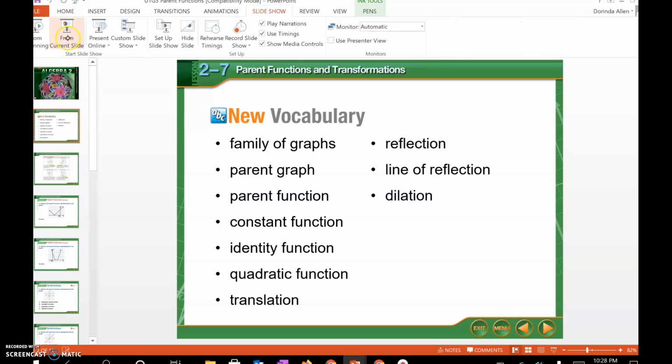So we're going to look today at graphing by transformations. When we have what are called parent functions, it's kind of what the function would start out with nothing added on. Then as I change it or add things to it, like we saw when we did the marble slides, we get a family of graphs.